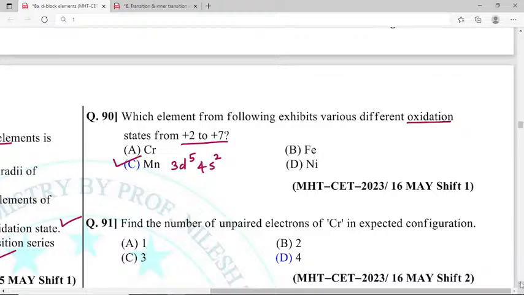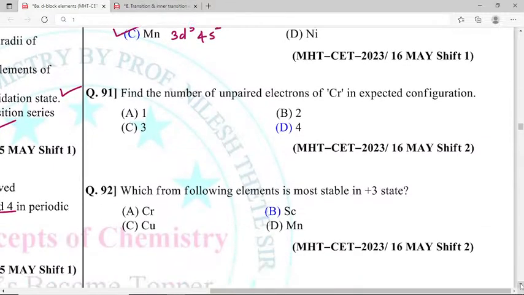Next. Find the number of unpaired electrons of Cr in the expected configuration. So what is the expected configuration? Observed and expected are different. Always remember, expected is theoretical, observed is experimental. So I am talking about expected. Expected is 3d4 4s2. Observed is different. Are you getting this one?